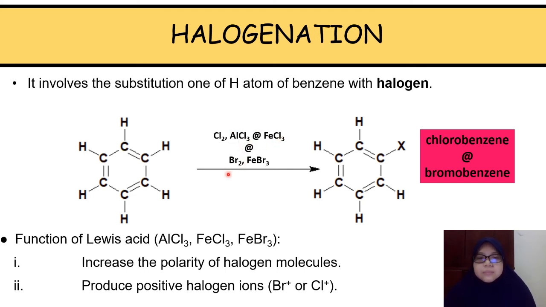If you use bromine, you will need iron bromide as a Lewis acid. What is the function of the Lewis acid here? It is used to increase the polarity of the halogen molecule so that we can produce the positive halogen ion, Br plus or Cl plus. That is the function of the Lewis acid that is added here.